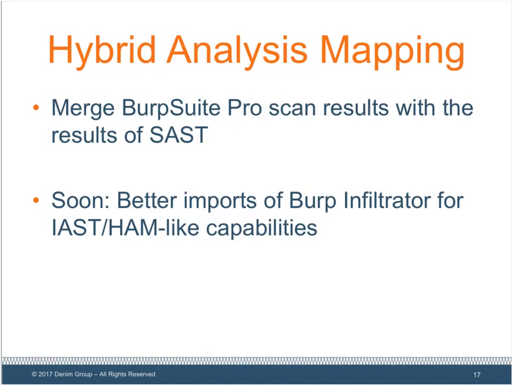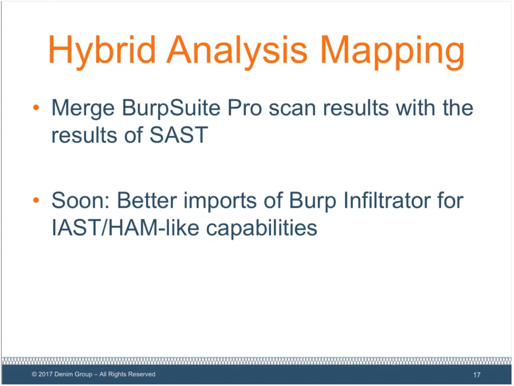One of the technologies that we have in ThreadFix is called hybrid analysis mapping. And what that lets us do is to correlate between the results of vulnerabilities identified with static analysis, for example, from a Fortify or a Checkmarx, and to correlate those to vulnerabilities identified by dynamic analysis, for example, with Burp Suite Pro.